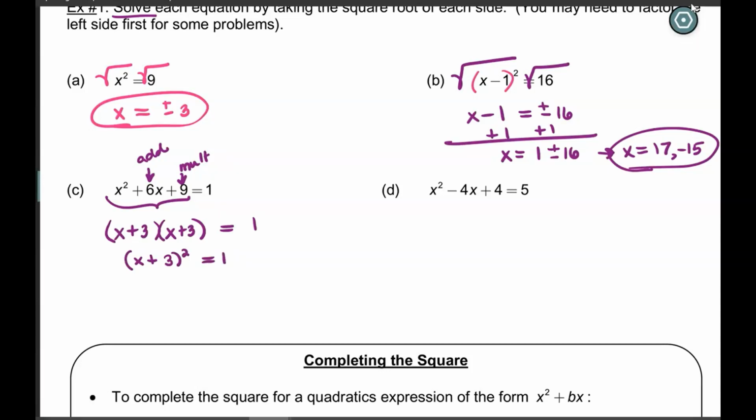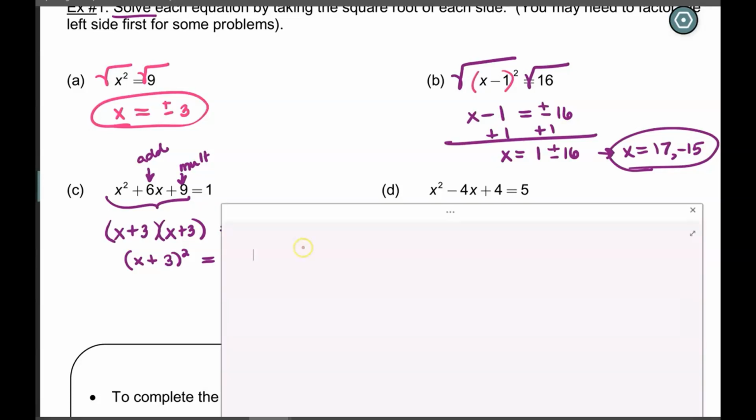Now you also might remember that you can identify perfect squares. We also identified perfect squares in the very last lesson, that was 8.9, by looking at this is a perfect square of x, this is a perfect square of 3, and if we multiply those together, we get a positive 3x.